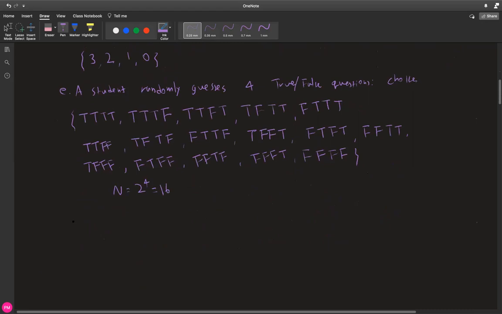Let's look at one more in terms of this specific type of problem. Let's actually keep the problem. Let's say the student is still guessing the 4 true or false problems. So the same thing.